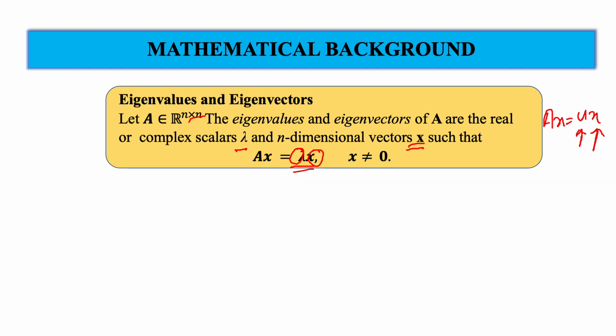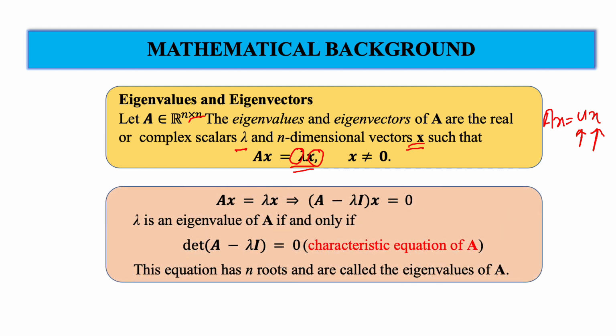Now if you rewrite this expression, we can write it as (A minus lambda I) x equals 0. It means that the matrix A minus lambda I should lose its rank, which will not be a full rank matrix. So that means the determinant of the matrix has to be 0.